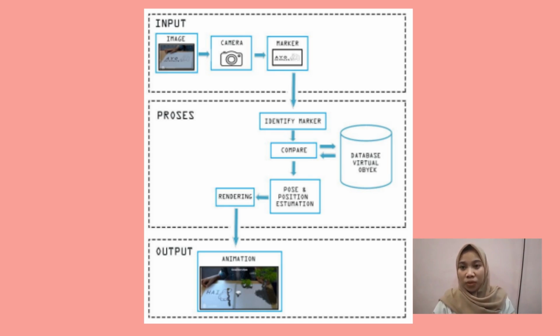In the initial process, we identify the marker and then compare the marker with the database. After that, position estimate, the animation, and rendering. The last one will output the 3D animation on the image.